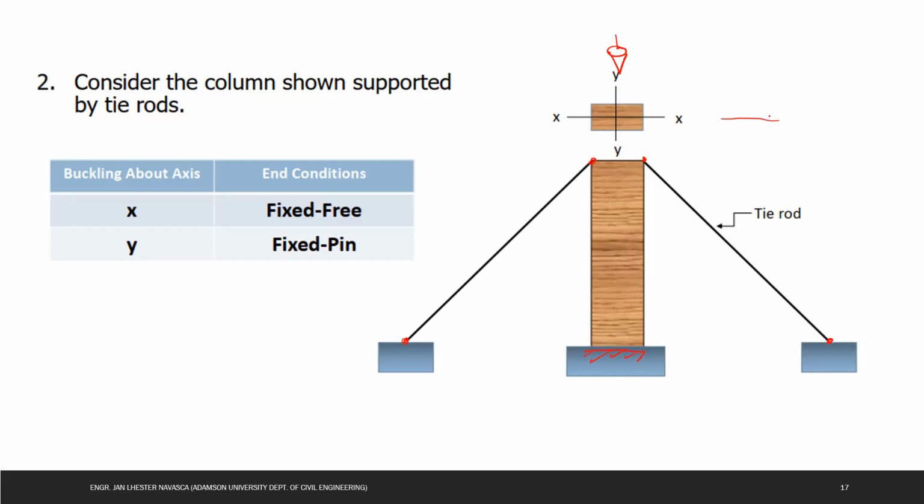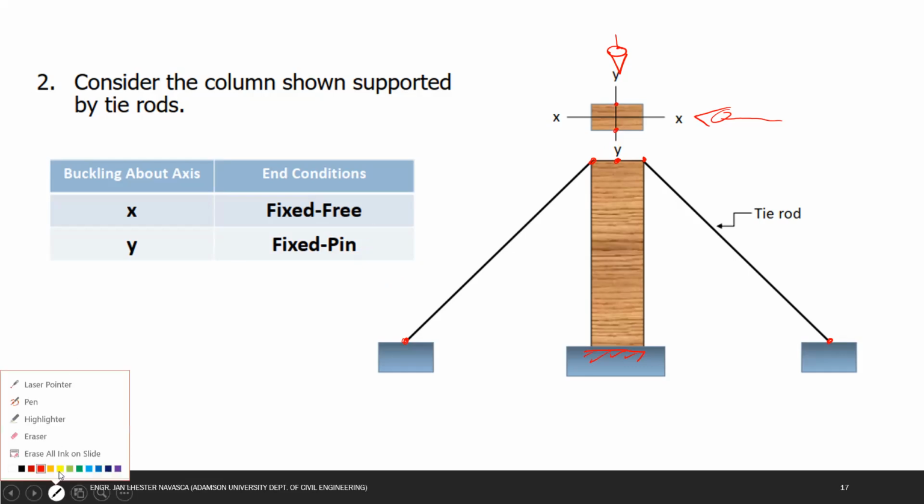However, if you look to the x-axis direction, we don't have tie rods supporting the bending in the x-axis. So if we add this tie rod over here, and over here, we have the same fixed-pin conditions.